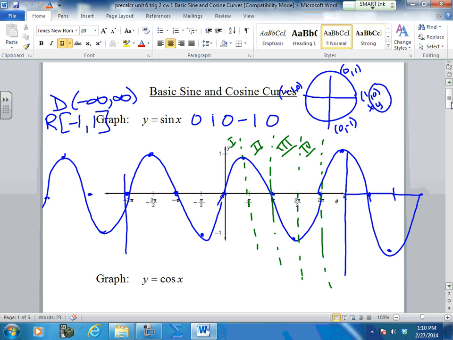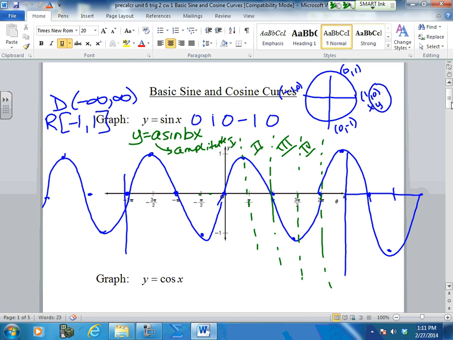Now, if I measure this, our normal format is A sine BX. Without any phase in this right now, we're just going to have a normal curve. A is your amplitude. Your amplitude is the measurement from the resting point to the top or the bottom of your curve.